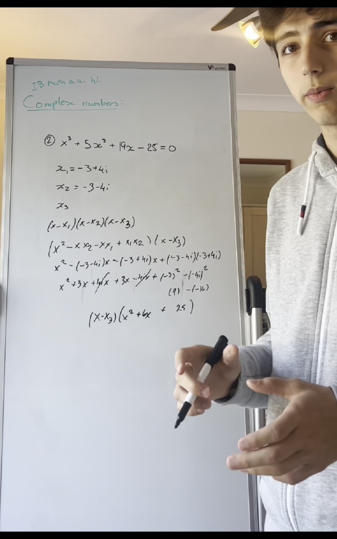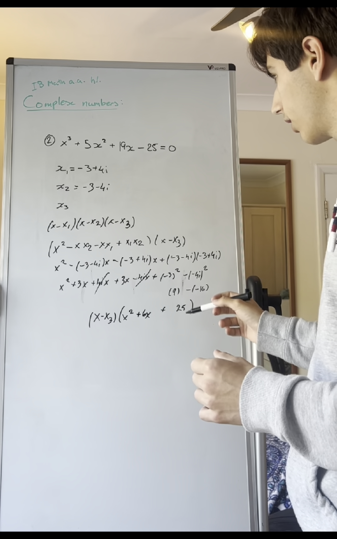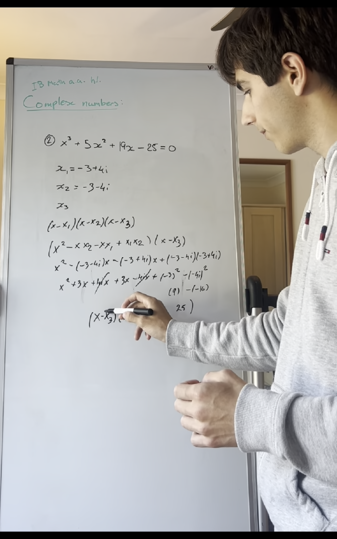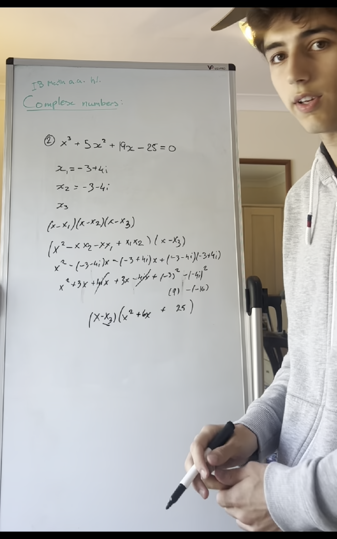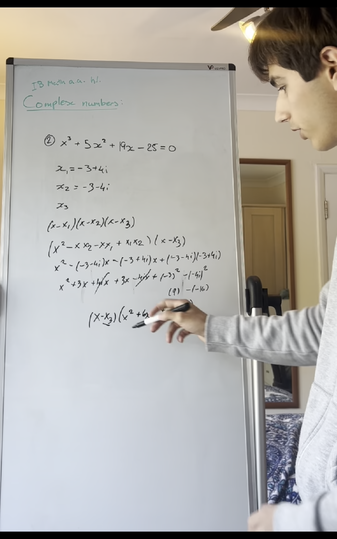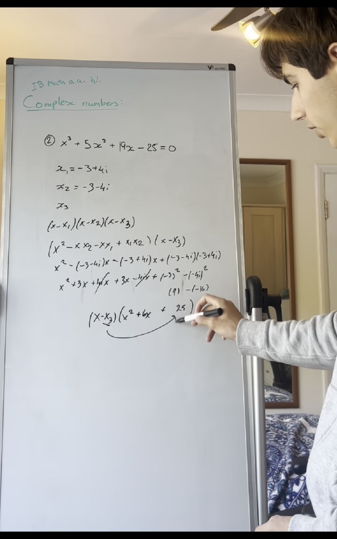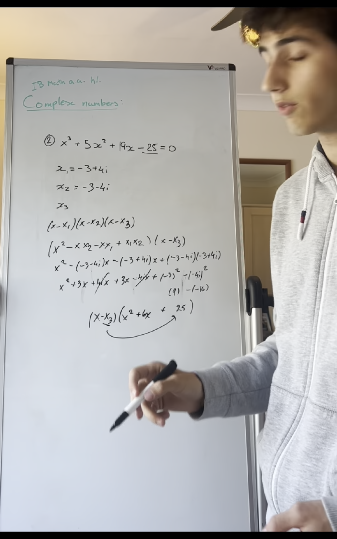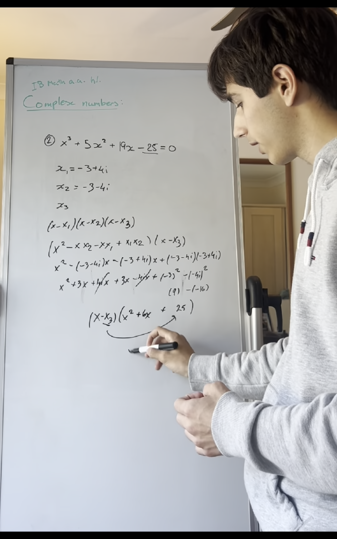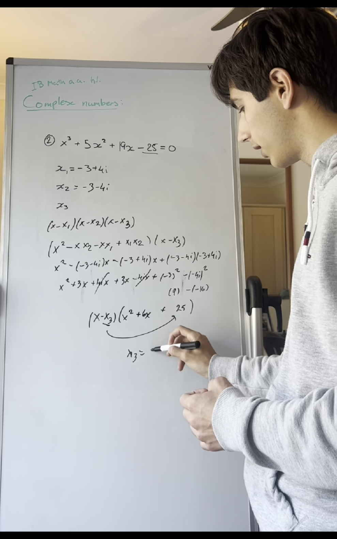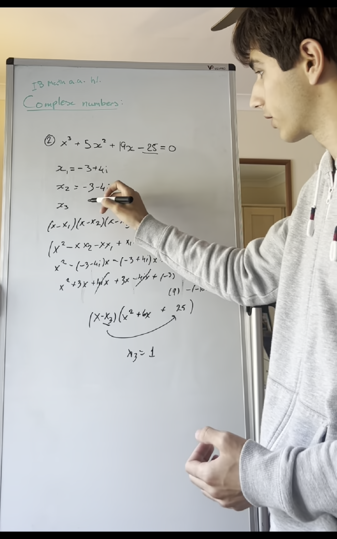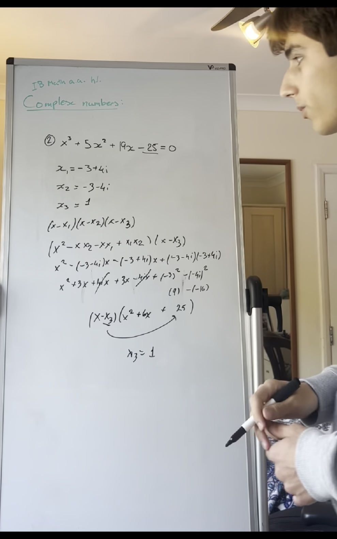And the only way we're going to be getting a constant term out of these is through the root and not the variable x. And so if we multiply this by the constant 25, it's going to give us negative 25. So the only way we can have that is if x3 is equal to 1. So there we go, we've discovered our third root, which is 1.